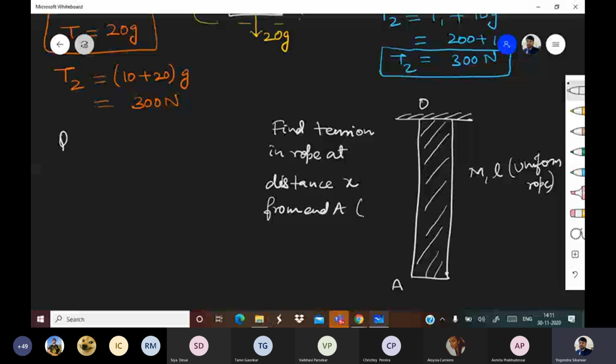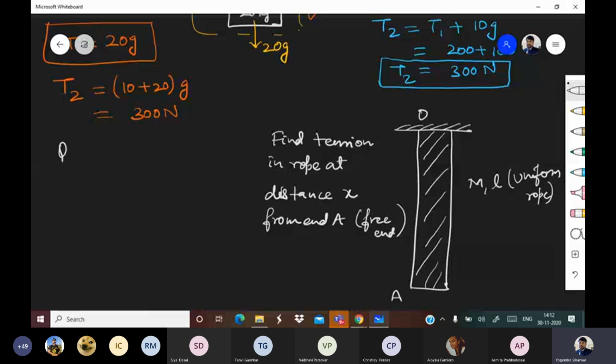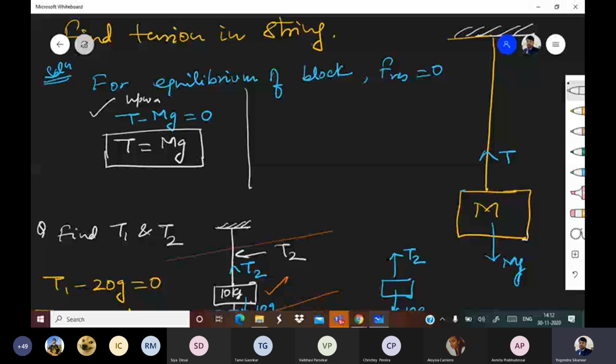Please find quickly. Ram is saying the direction is taken as the direction of gravity. You can take any direction as positive. If the system is not accelerating, Ram, you can take any direction as positive. The opposite direction will automatically become negative. What does it mean? Let me tell you. I am taking you back to the previous question. When we solved, we took upward as positive.